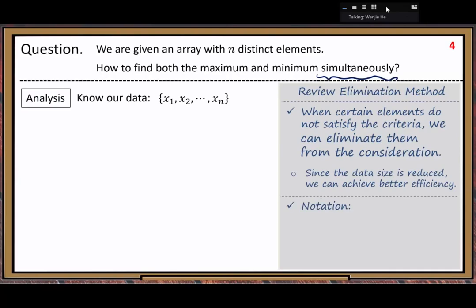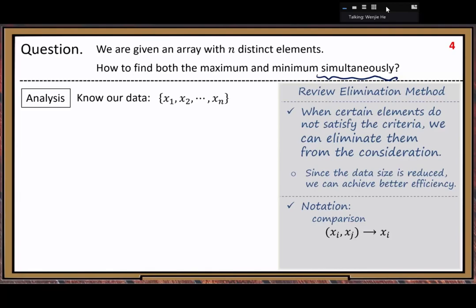Notation. So here we do some notation. When we do comparison, sometimes we do not want to write long sentences. So we use some short symbols. So notations. Compare xi and xj, and xi is the winner. So we write this way. Xi is the winner. But the default winner, if we do not say anything specific, we mean the larger element.